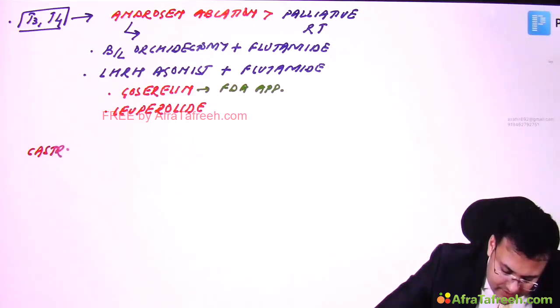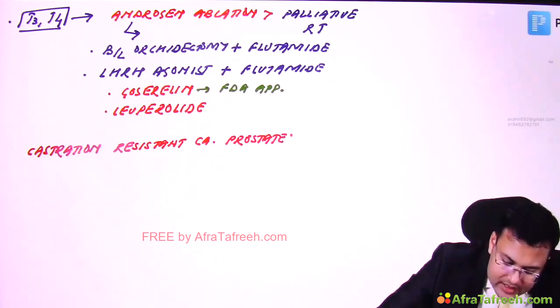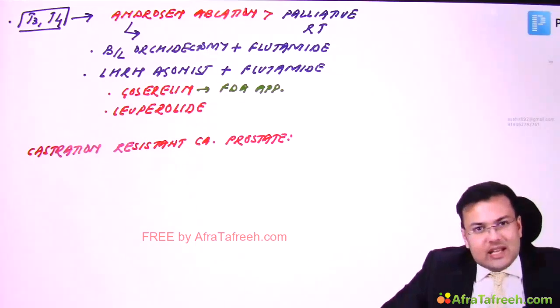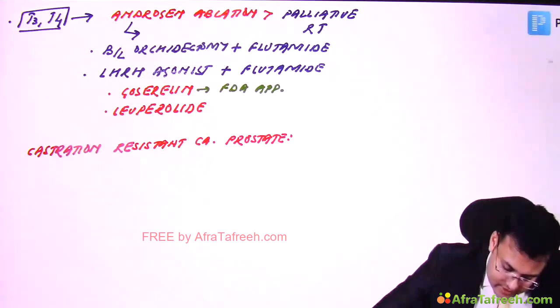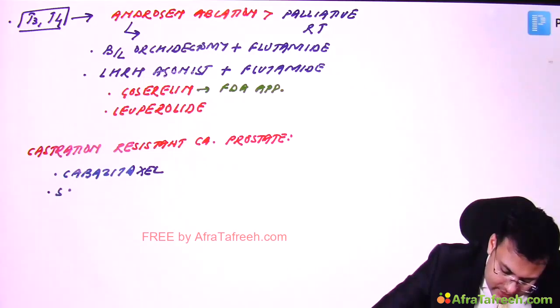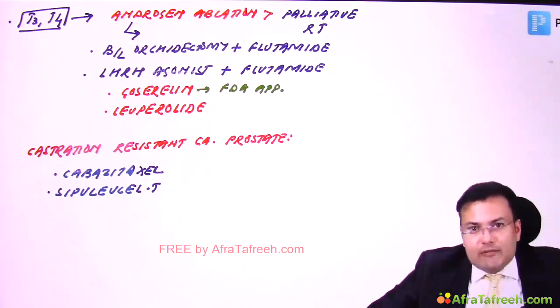So what are the new drugs for castration resistant carcinoma prostate? You have to remember, because this was asked in the exam. First is cabazitaxel and second is sipuleucel T. Frankly speaking, this sipuleucel T is a vaccine.